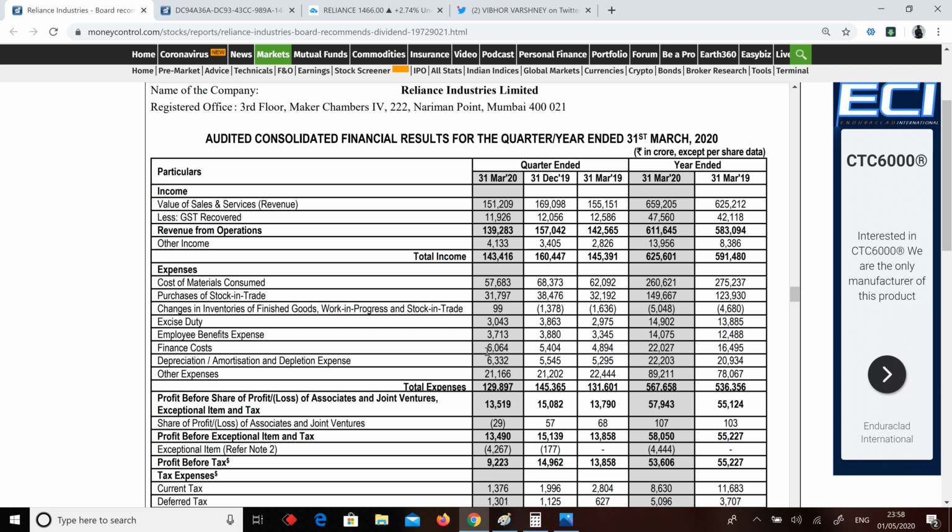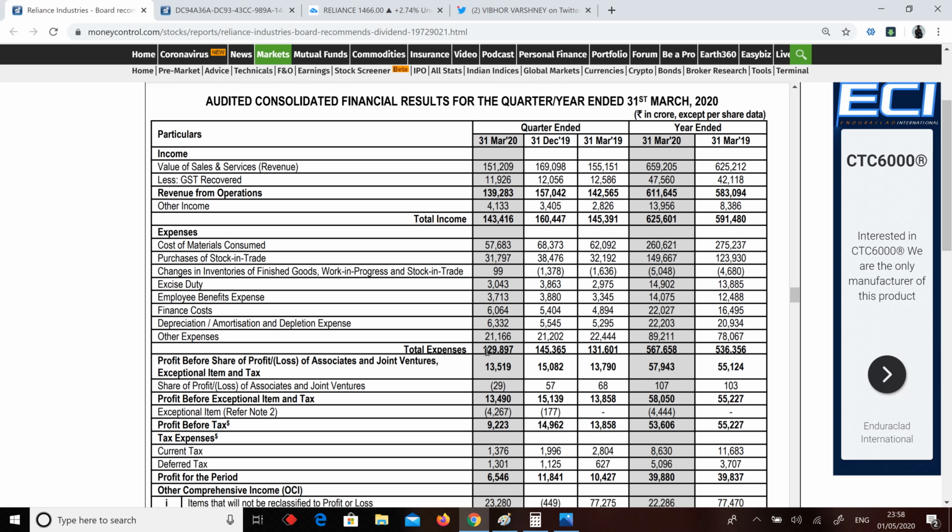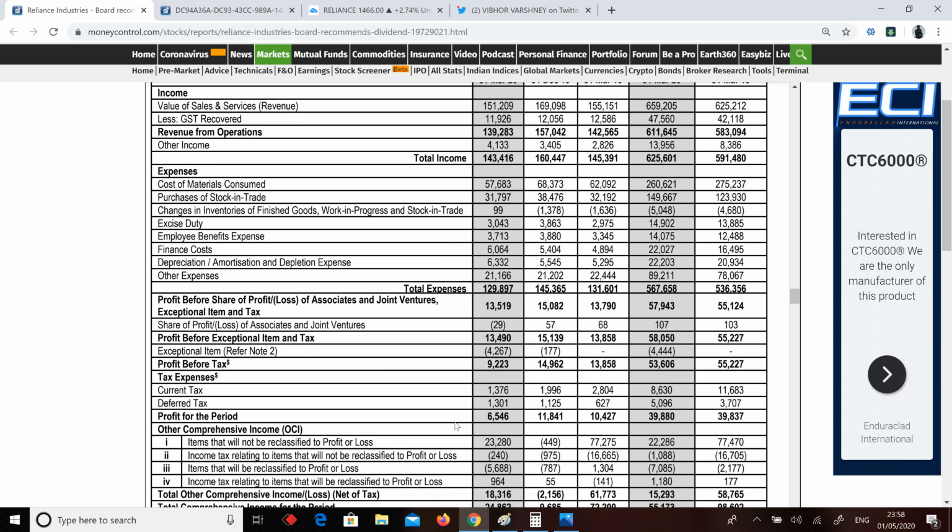Now, after the top line, that is sales, let's move to the profit after tax, called PAT. PAT of the company has been down by 45%, compared to 10,427 in the same quarter last year.